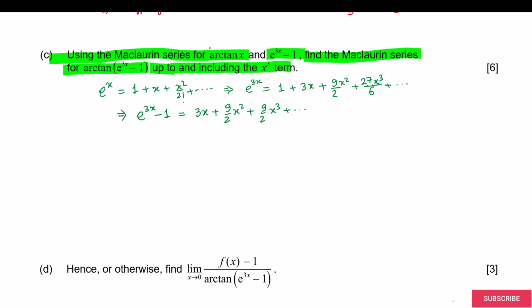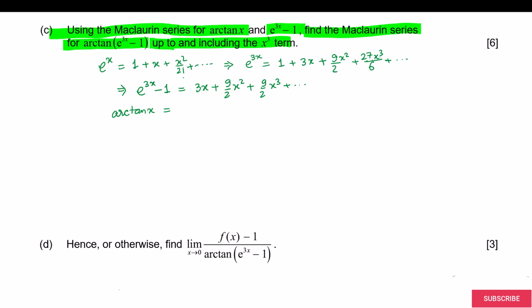Now arctan x, we can look at the formula booklet to get the arctan x. It is given always. So arctan x is x minus x cubed over 3 plus x to the power 5 over 5 and so on. So if we include e to the power 3x minus 1, this gives us arctan of e to the power 3x minus 1.